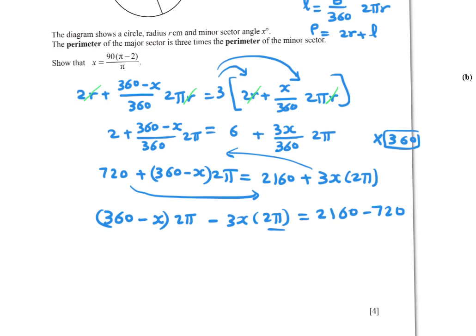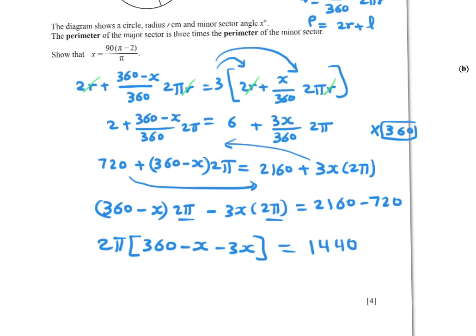Take 2 pi common, so you are left with 360 minus x minus 3x equals 1440. We can simplify more, so 2 pi into 360 minus 4x equals 1440.